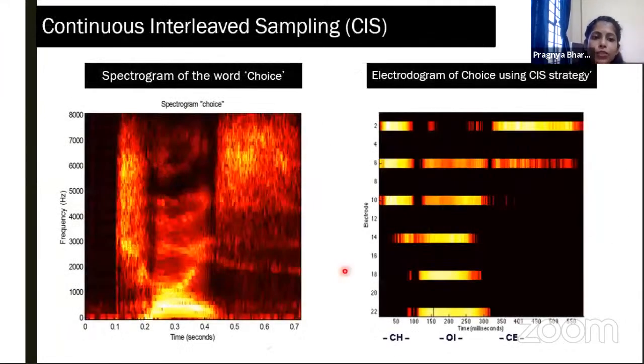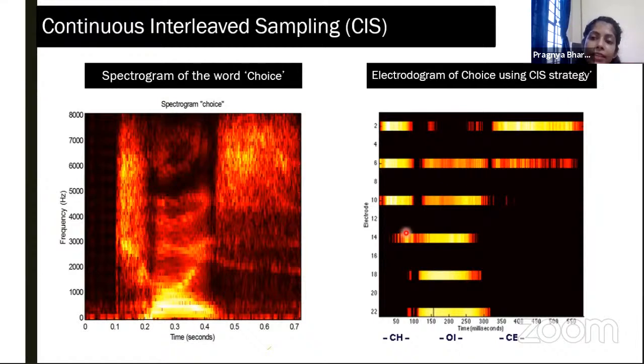This is an example. On your left is the spectrogram of the word choice, and here we can see very clearly how smoothly the energy is transitioning from high frequency to low frequency as we move from the consonant to the vowel and back to the high frequency, high pitched consonant.